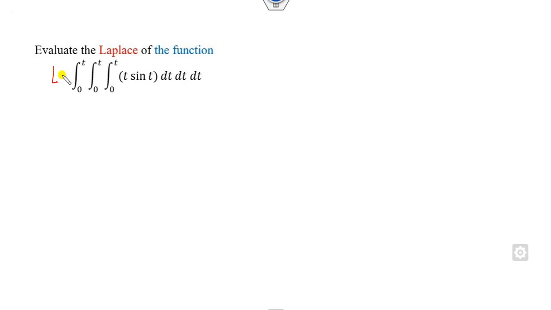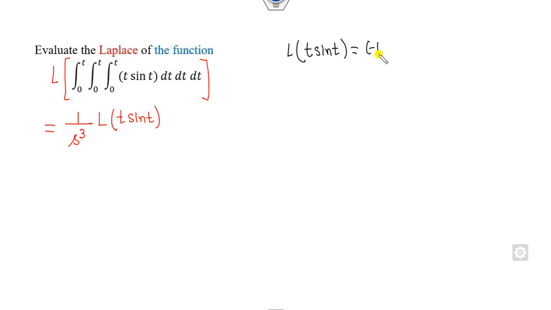Now your target is to find the Laplace of this quantity. Since it's a triple integration, it's 1 over s cube times the Laplace of t sine t. So how can you find the Laplace of t sine t? That means it's a polynomial of degree 1, minus 1 raised to power 1, first derivative of the Laplace of sine t. So what is that? It's minus d by ds of 1 over s square plus 1.